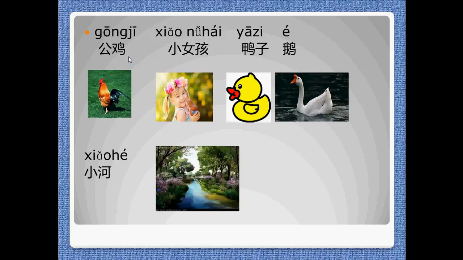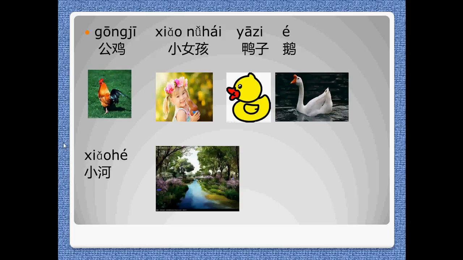And the third one is duck. In Chinese it is 鸭子, 鸭子. And the fourth one is goose. In Chinese it is 鹅, the second tone of 鹅. And the fifth picture is a small river.